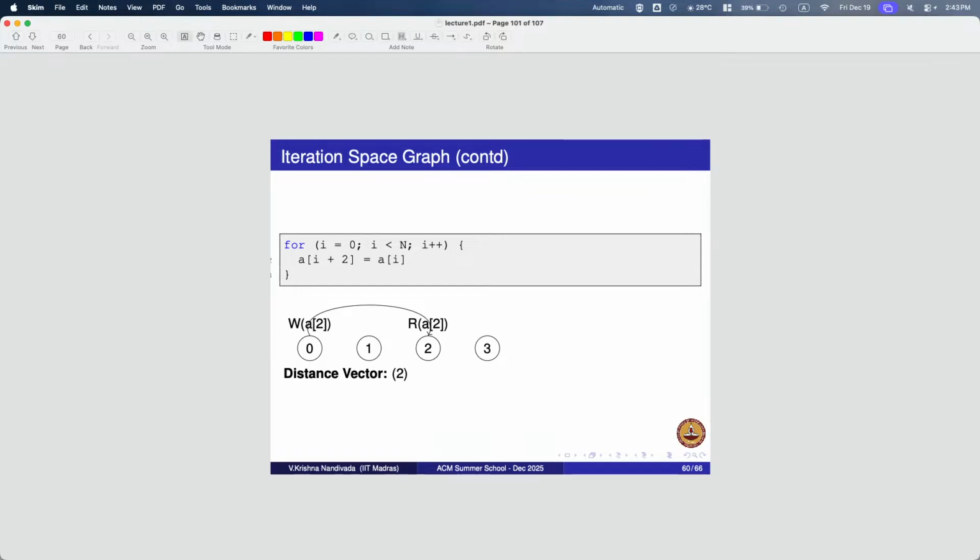Then what I am writing is dependent on what? In this iteration I am writing to this, which is dependent on something which was written in I equal to 1, j equal to 2.